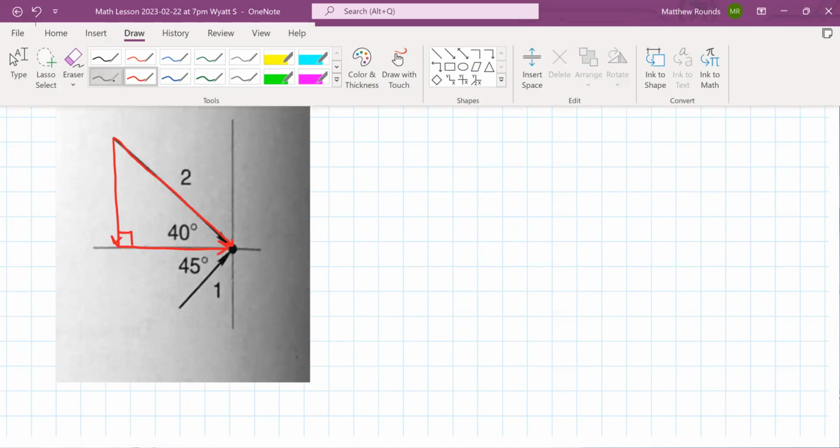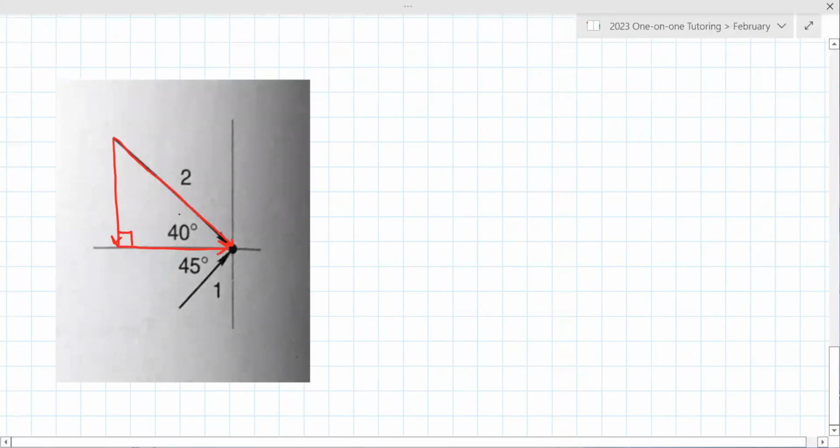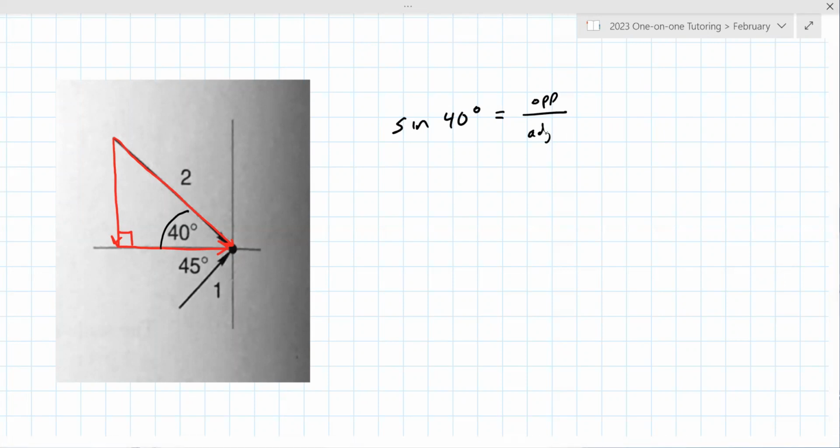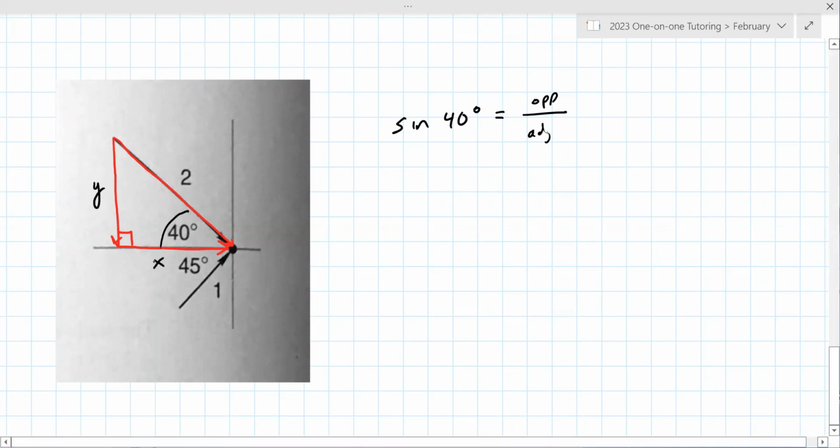So the way that this works is if you were to take the sine of 40 degrees, that's the y and that's the x. Sine is, I'm sorry, this is completely wrong. Sine is opposite over hypotenuse. Okay, so in your problem, it's y over 2.